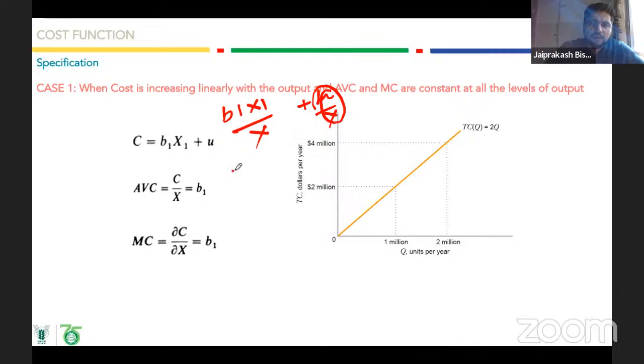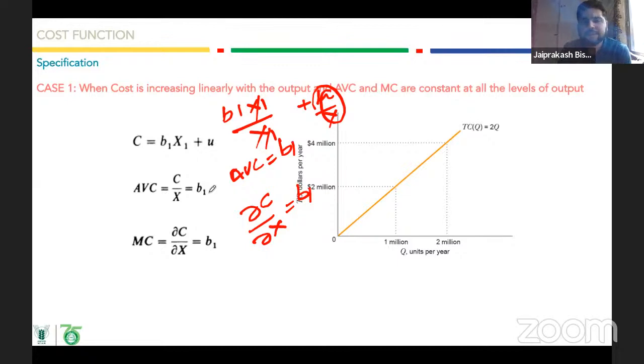So your average variable cost will be, x1 से x कट जाएगा, so it will be b1. Similarly your marginal cost, तो delta change in total cost by delta change in x means this is your slope. Marginal cost is slope of total cost curve, which is again equal to b1. Okay, so ये लीनियर कॉस्ट कर्व है.